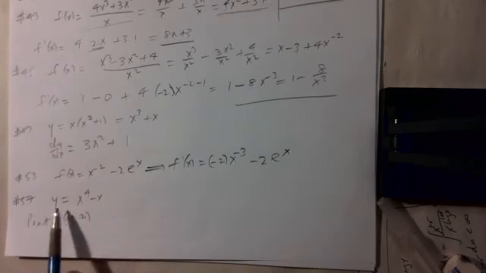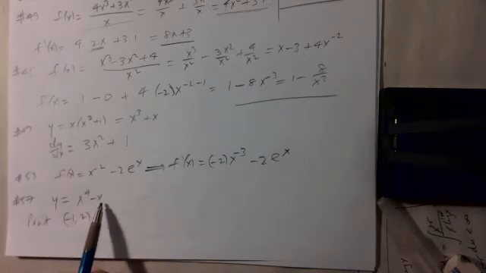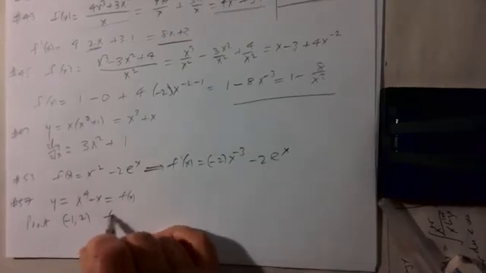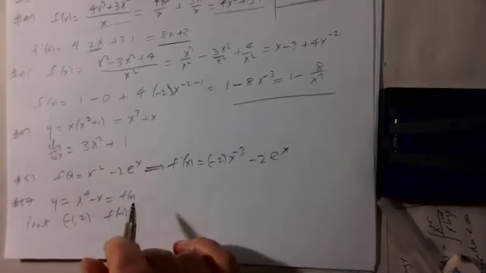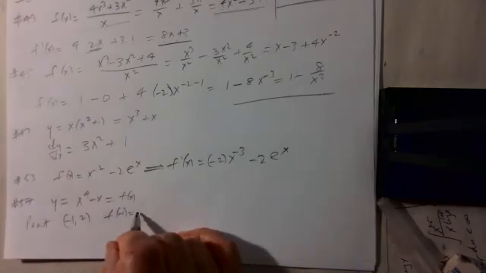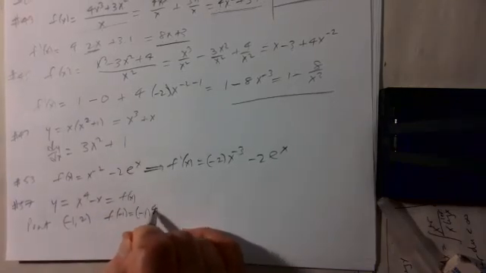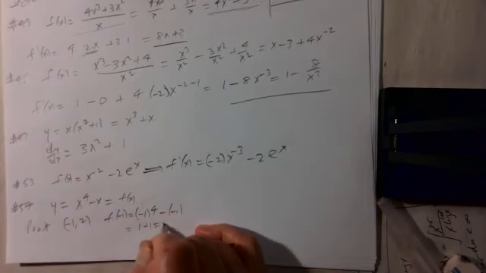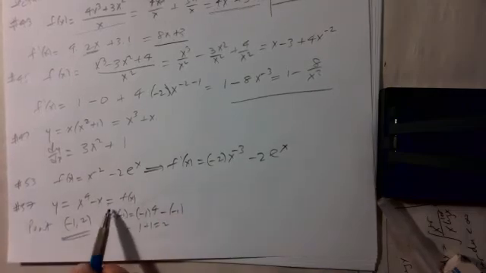If we call this f of x, equal x to the 4th minus x, f of -1 would be -1 to the 4th minus -1, which is 1 plus 1, is 2. So this point lies on the graph of this function.